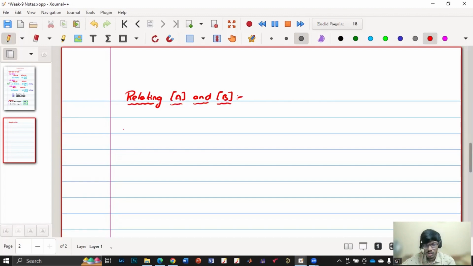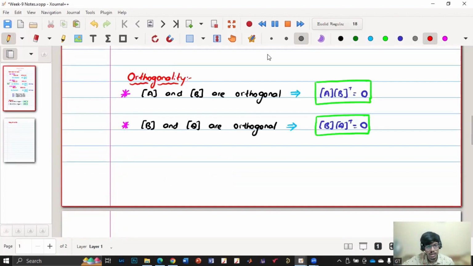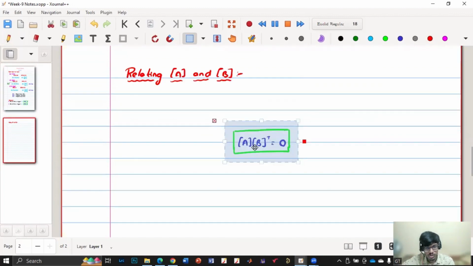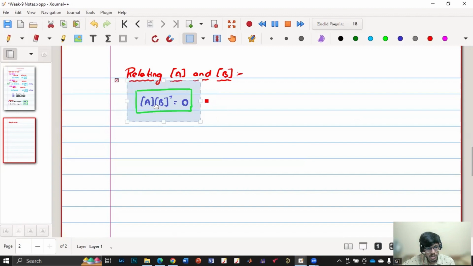So first part is relating A matrix and B matrix. Okay, so first I'll be considering this equation that we have over here, which is A into B transpose is equal to 0. Okay, so I'll put it here.